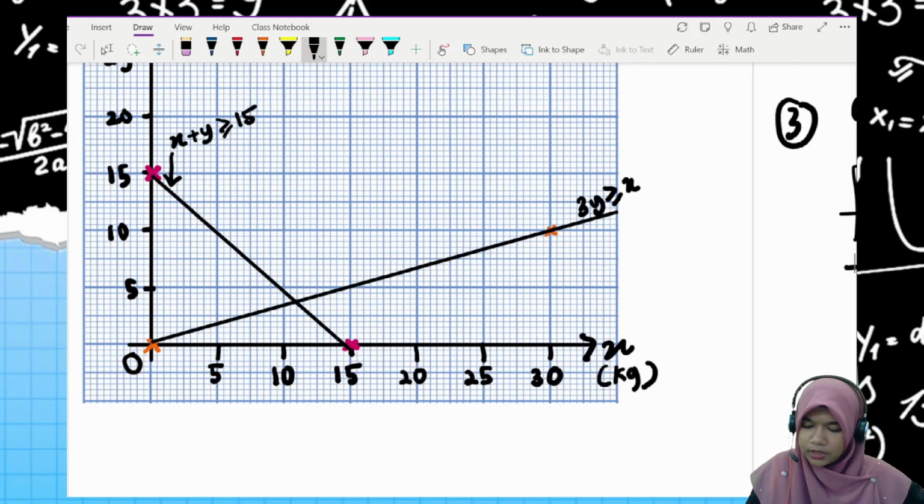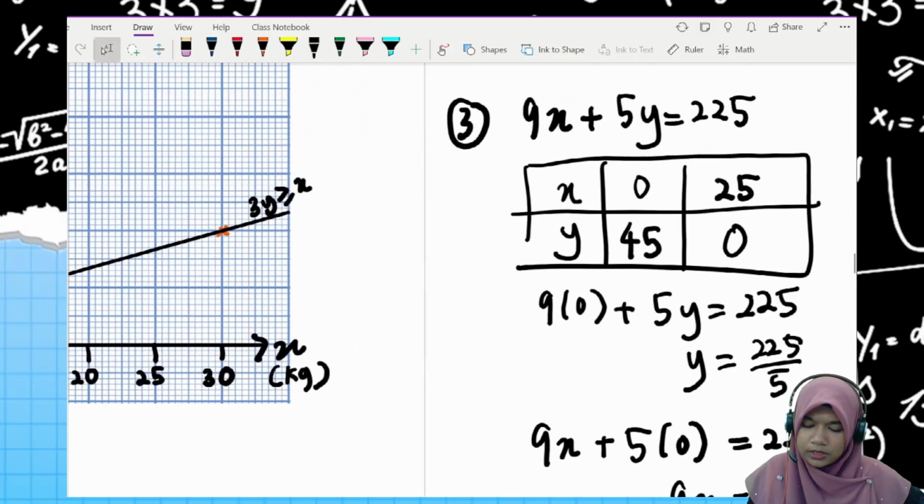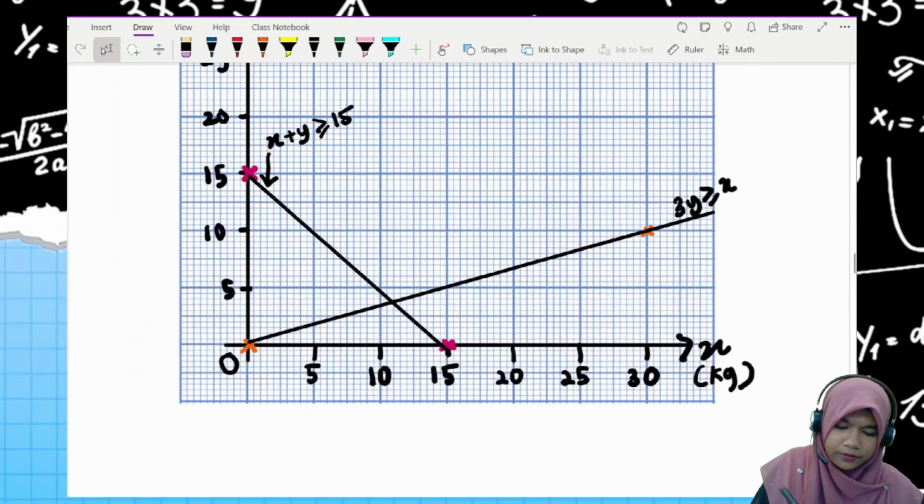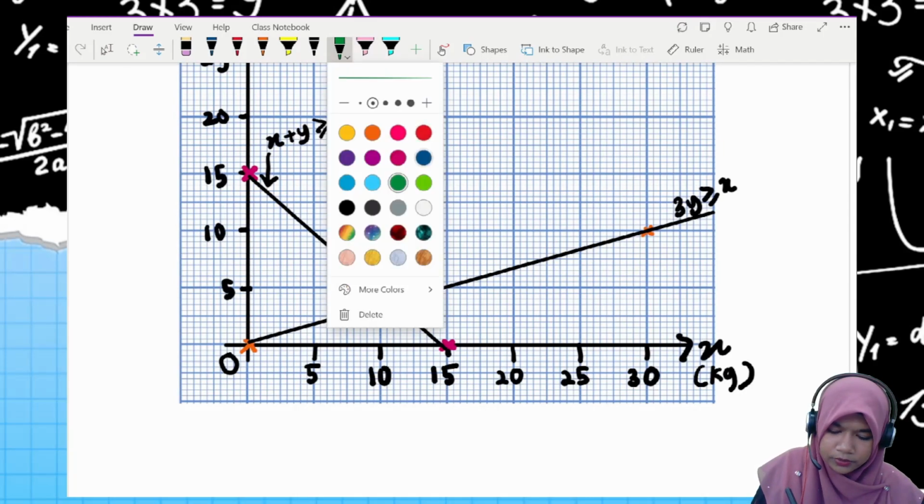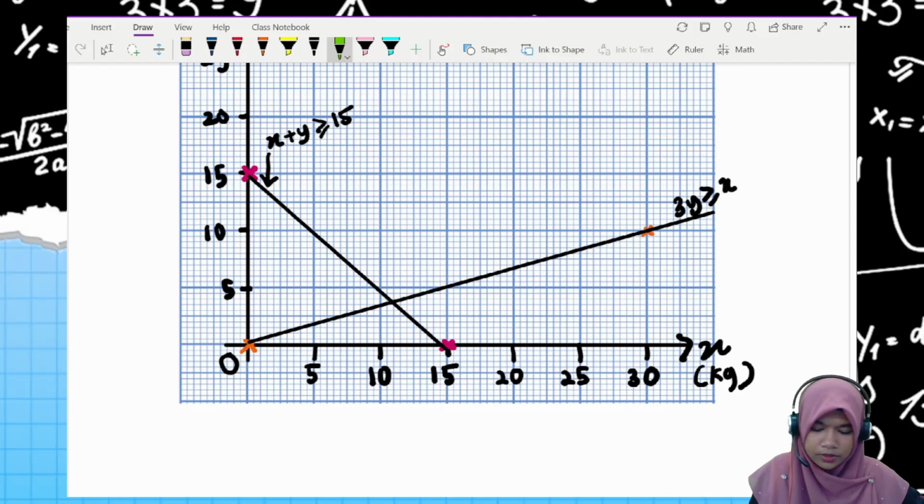And one more. When x equals 0, y is 45. I use another color, green.